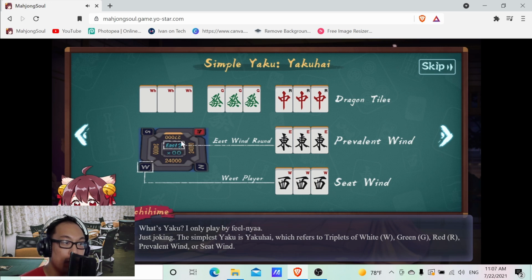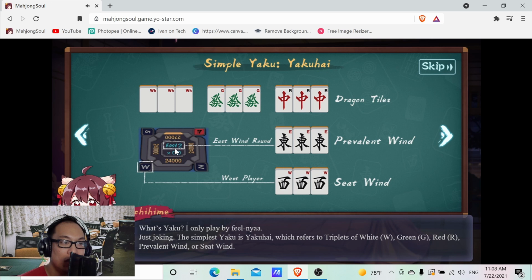And if you're playing a South game, usually it starts with East and then it goes to South round. What determines a round is that everybody has become the dealer once. As soon as everyone becomes the dealer, it goes to South round.